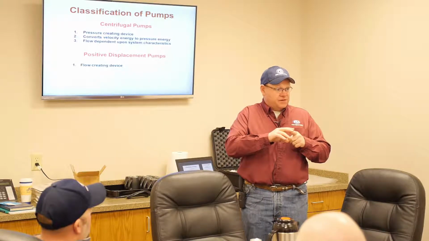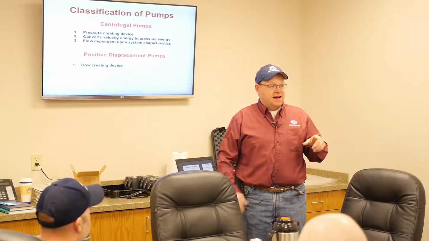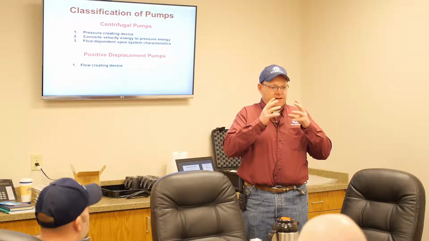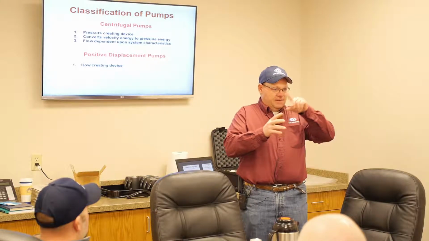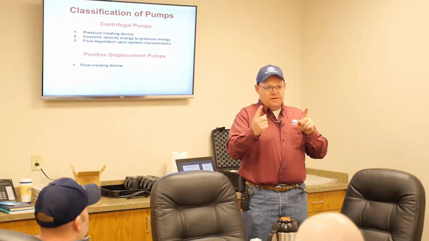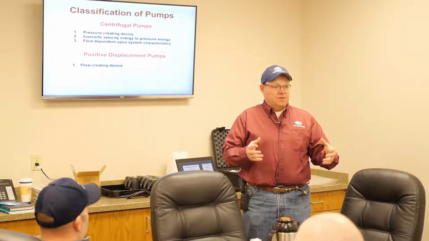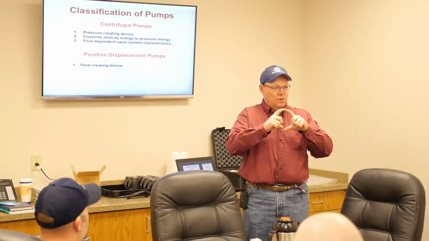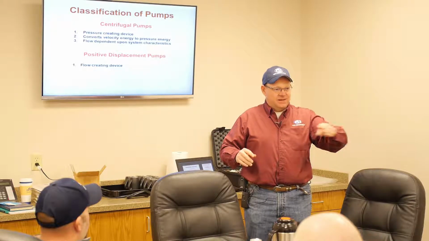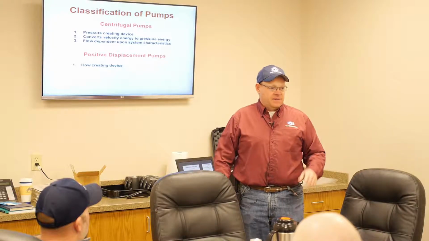Every rotation, every gear, whatever it may be, is going to provide a certain amount of flow. You can actually calculate the volumetric capacity if you know the stroke, the length, the bore. On a Gasso, a piston pump or a plunger pump, it's easier to figure because you have a round bore and the stroke. You know exactly how much it's going to produce every time it throws that piston or plunger. Does that make sense?